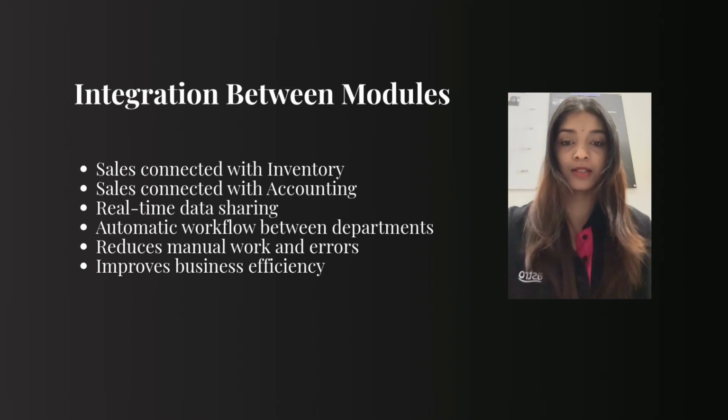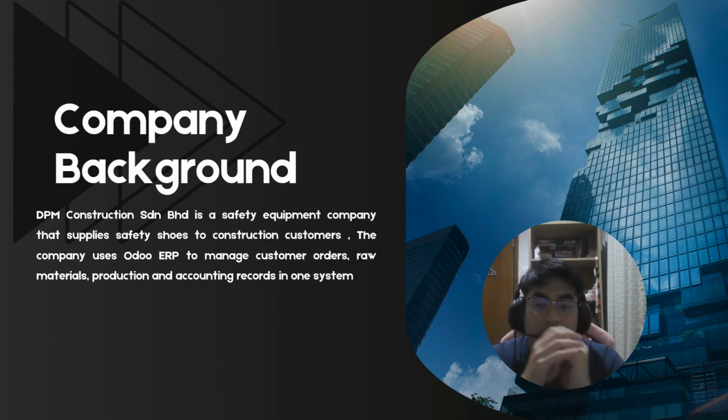For our company background, DPM Construction Sdn Bhd is a safety equipment company that supplies safety shoes to construction customers. Our business scenario is that the company needs to manage customer orders, raw materials, production and accounting records properly.